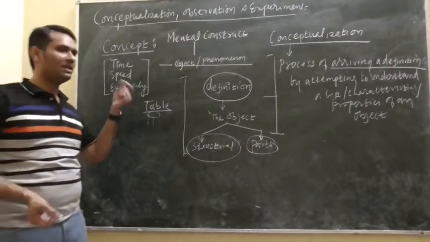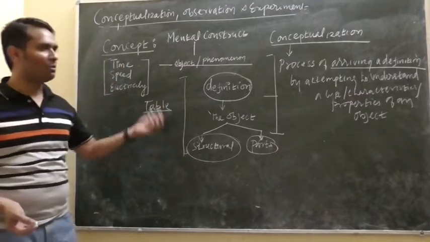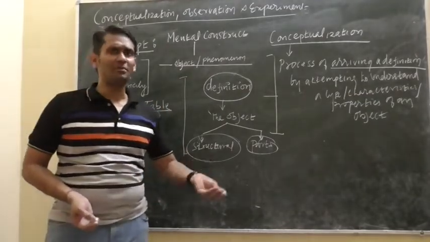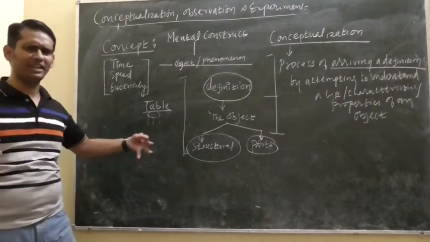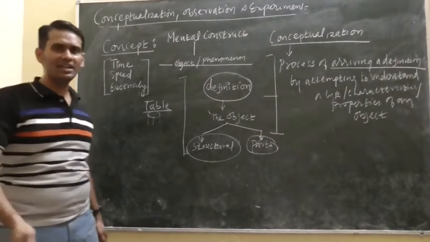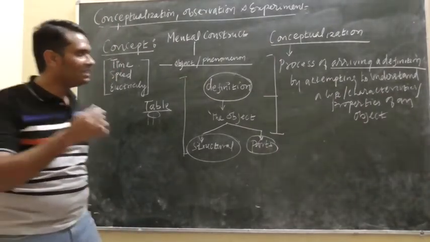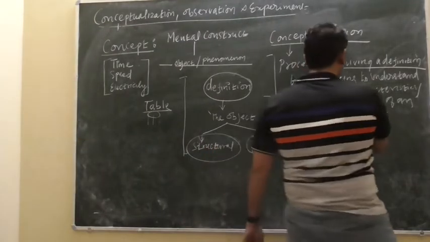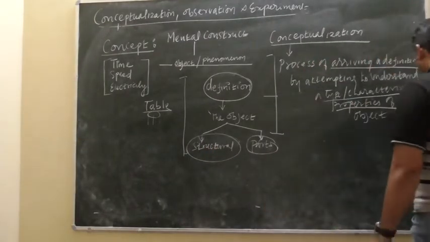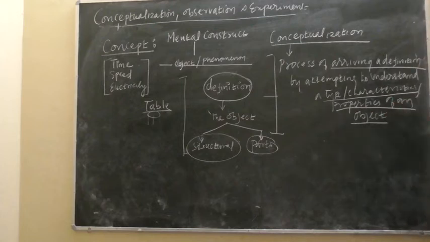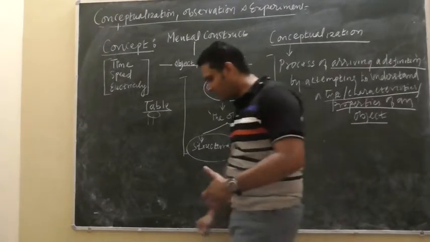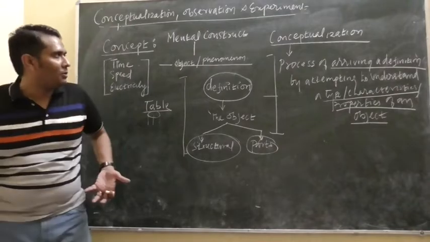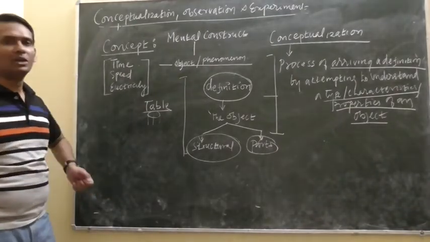Similarly, it moves from the table to the chalk piece, to the board, to the computer, fan, or everything. Each and every aspect should clearly explain the type, characteristics, or the properties of an object. So this is the process of conceptualization we mean.